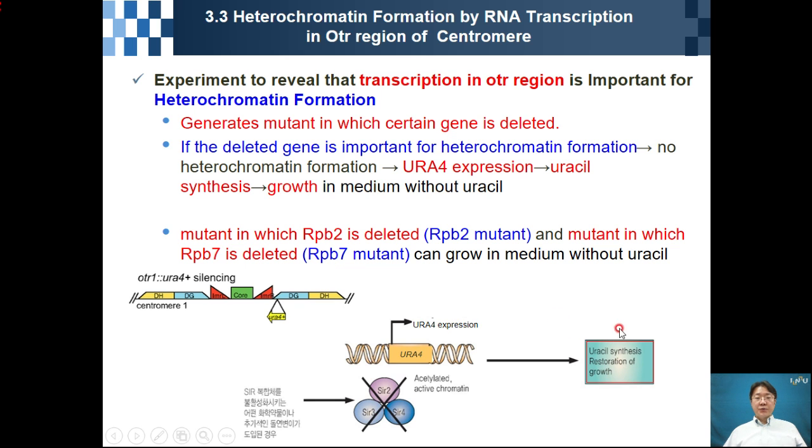Through this experiment, people found that the mutant in which the RPB2 gene is deleted, which we call the RPB2 mutant, and the mutant in which RPB7 is deleted, the RPB7 mutant, can grow in a medium without uracil.